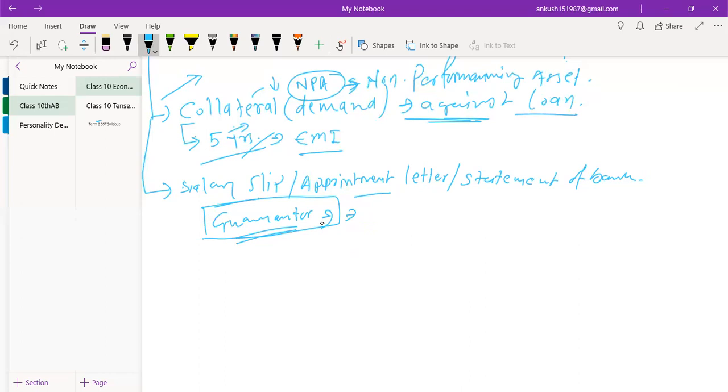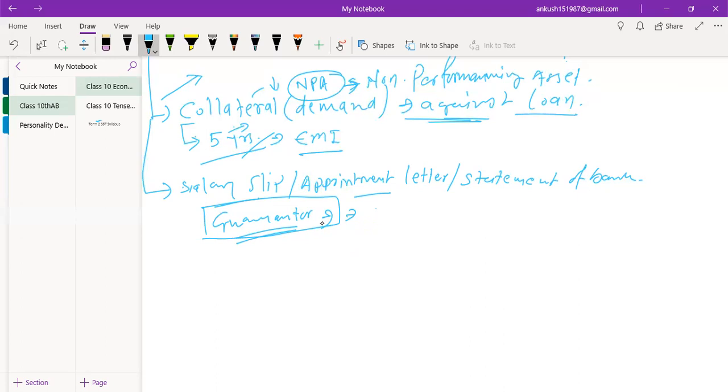Suppose your income is less than what you are borrowing. In this case, the bank feels that even if you are able to repay the amount in time, with all the conditions fulfilled by you, it would still require the guarantor in case you become bankrupt.